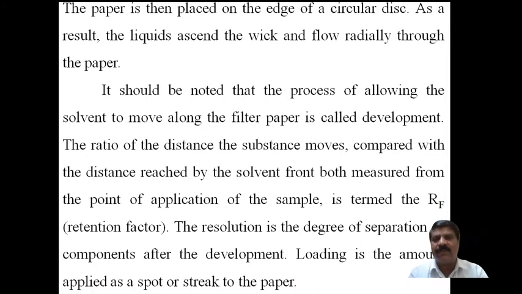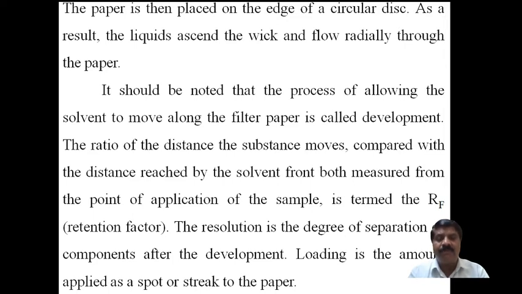Therefore, the process of allowing the solvent to move along the paper is called development, and the ratio of the distance the substance moves compared with the distance reached by the solvent front, both measured from the point of application of the sample, is the retention factor.